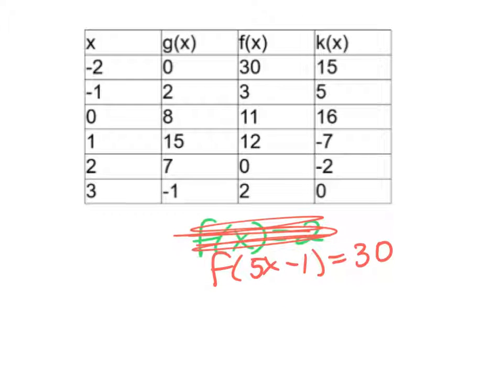Now, my hint to you in the past has been to cover this up and just realize, did they give you x? No, they gave you the y. Sometimes that helps. I don't want to give you too much help here, though, so give it a shot. F of 5x minus 1 equals 30.